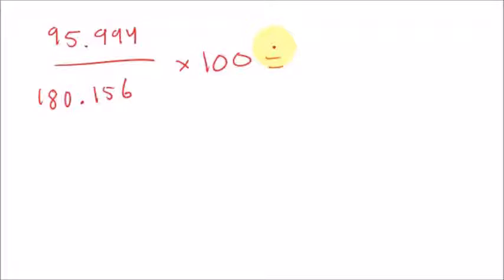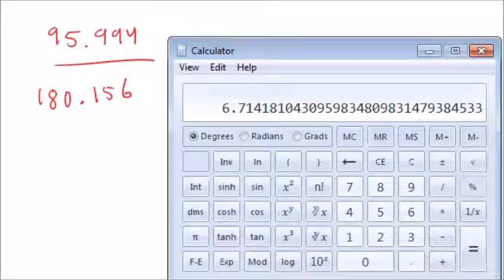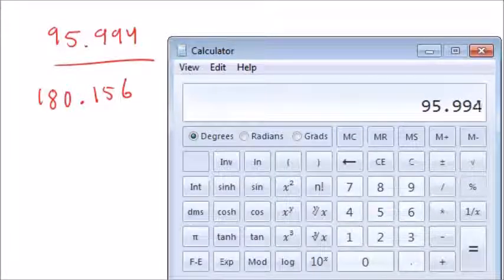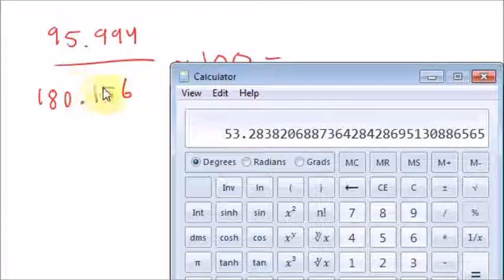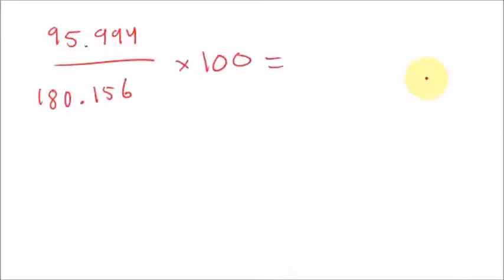So when we do that, we will get 95.994 divided by 180.156, multiply that by 100. We will get this, again, and round this answer to 5 significant digits because this is 5 and this is 6, so that will be 53.284%.